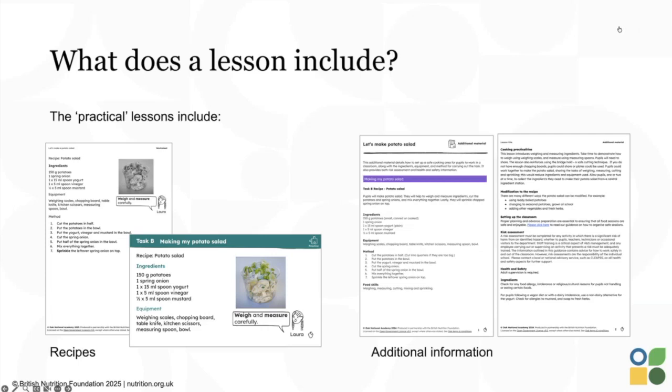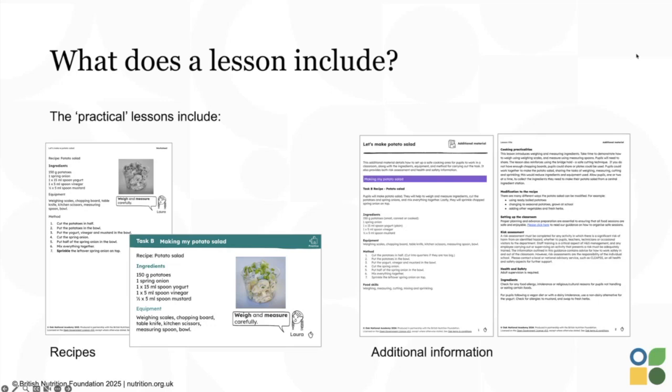Thanks, Roy. So with the additional information, these have been put together to provide some additional guidance for teachers, whether primary or secondary. It contains the recipe, but also some information around cooking practicalities as well, because we know everybody's setting is different, particularly if you're in a primary setting.